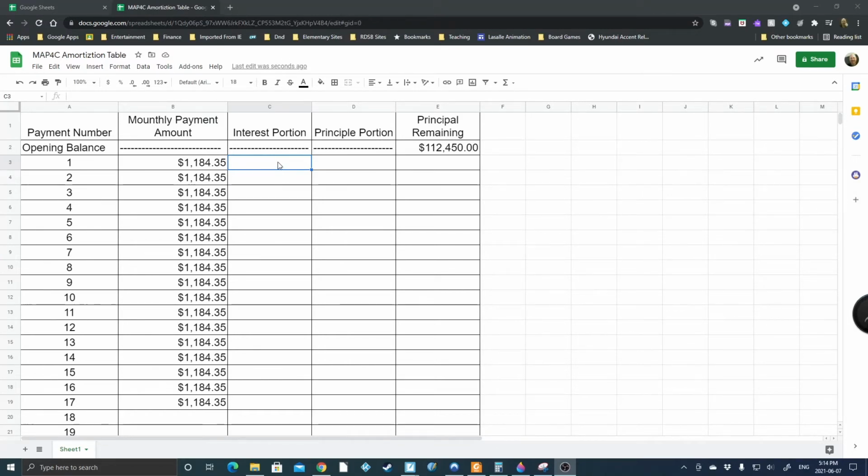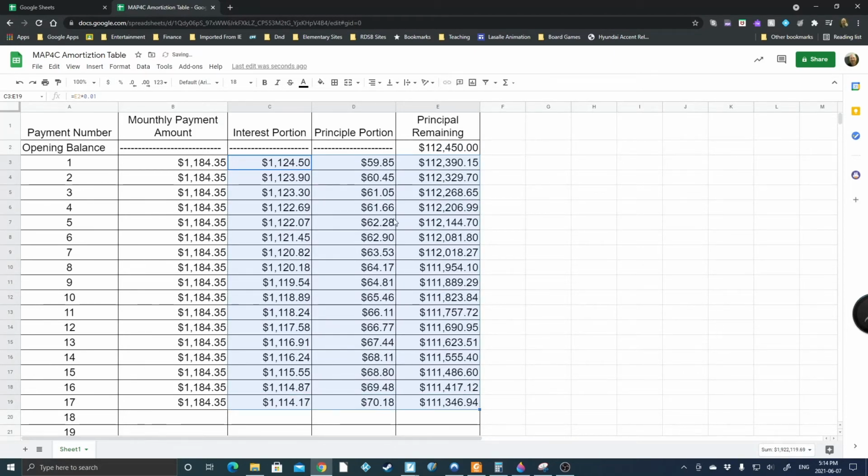So the interest is going to be equal to that number times 0.01, and then my principal portion is going to be equal to this number minus this number, and then my principal remaining is going to be equal to this number minus this number. And if I take those values and drag them down, it should fill in all of the numbers for me.